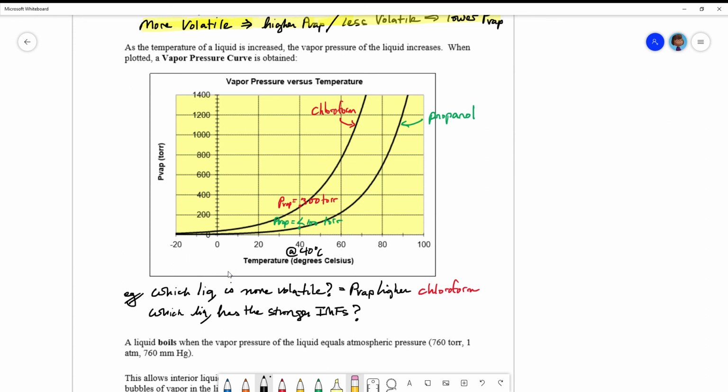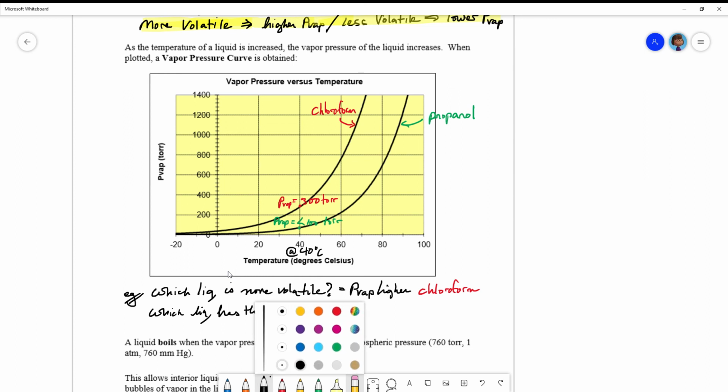Will a liquid have a higher vapor pressure and be more volatile if it's got stronger IMFs or weaker IMFs? Well, the answer is weaker IMFs. If the IMFs are weaker, we get more vaporization, more gas, higher vapor pressures, which means that in this case, the liquid which has the stronger IMFs must be the liquid with the lower vapor pressure.